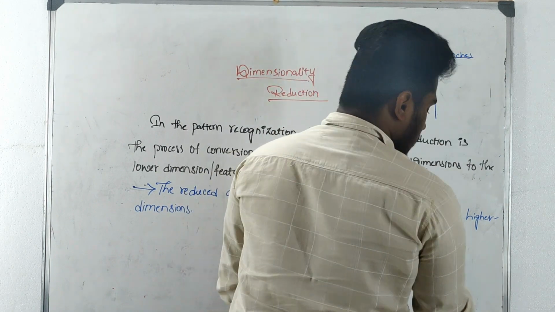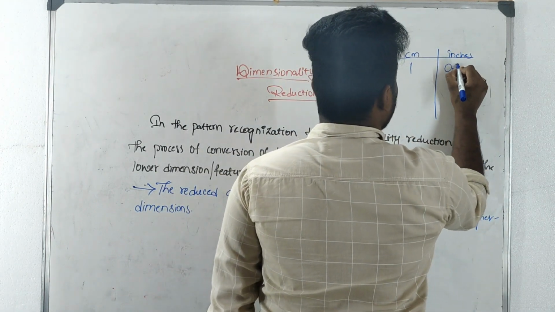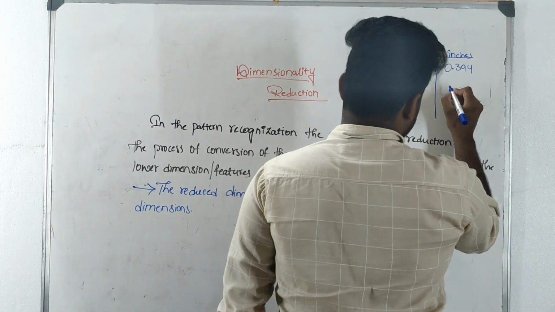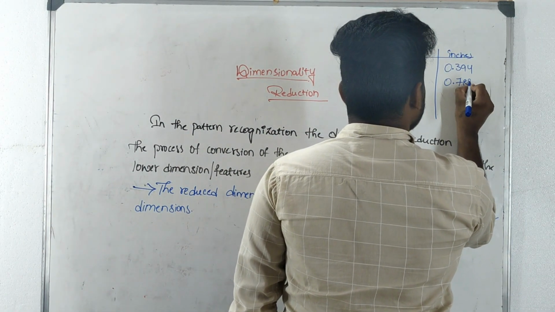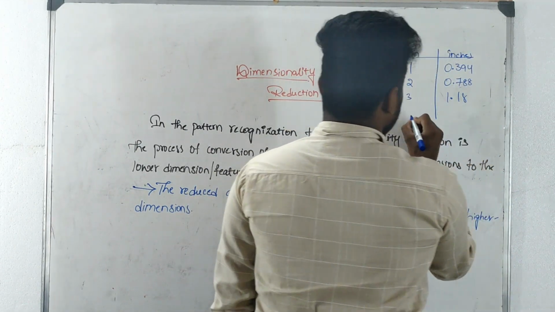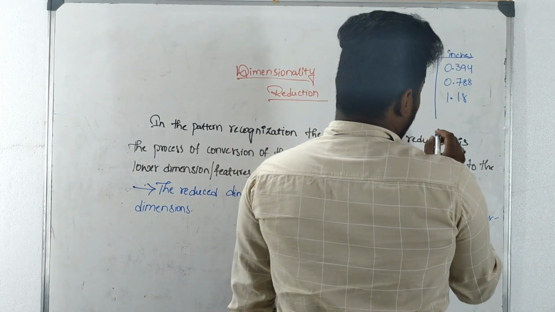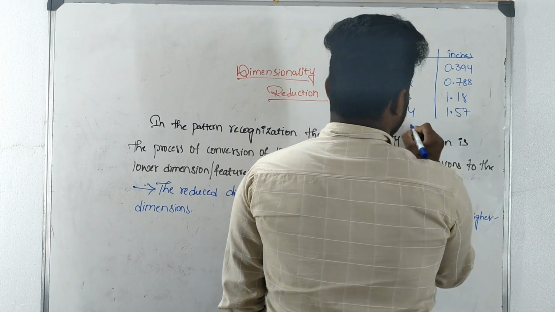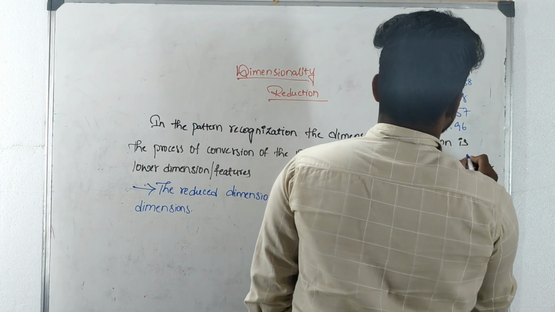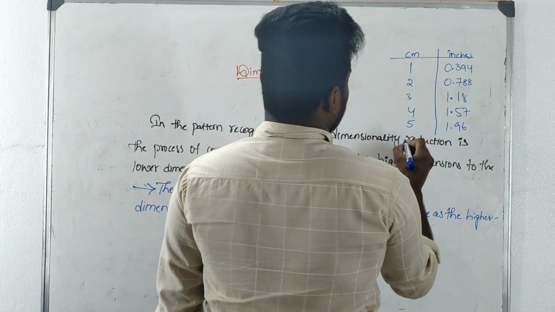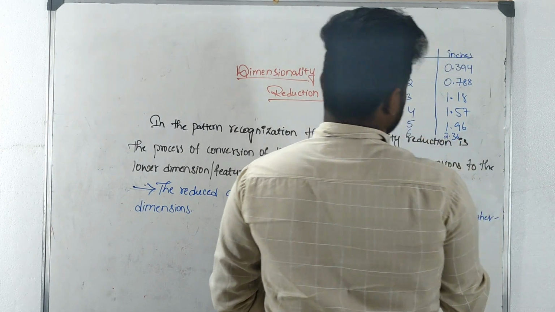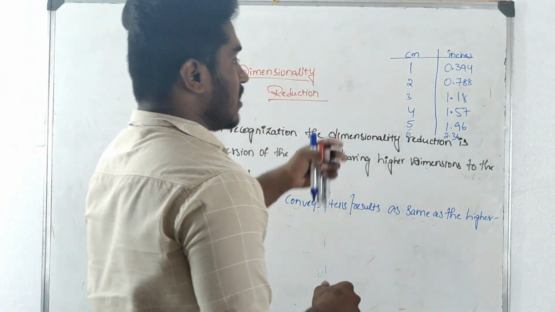We know that 1 centimeter equals 0.394 inches, 2 centimeters equals 0.788, 3 centimeters equals 1.18, 4 centimeters is 1.57, 5 centimeters is 1.96, and 6 centimeters is 2.36. Now we'll try to frame the graph for that particular data set.